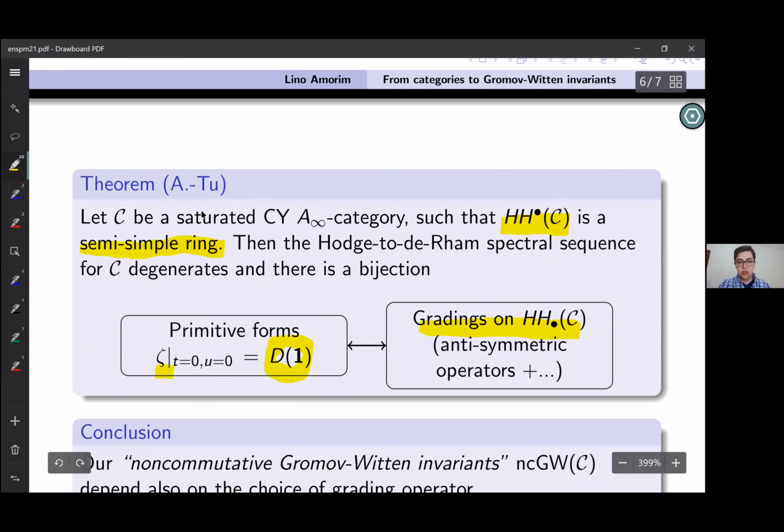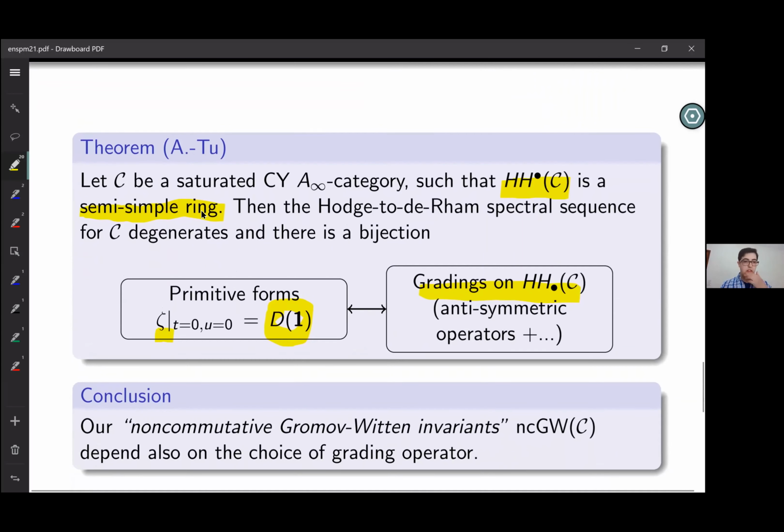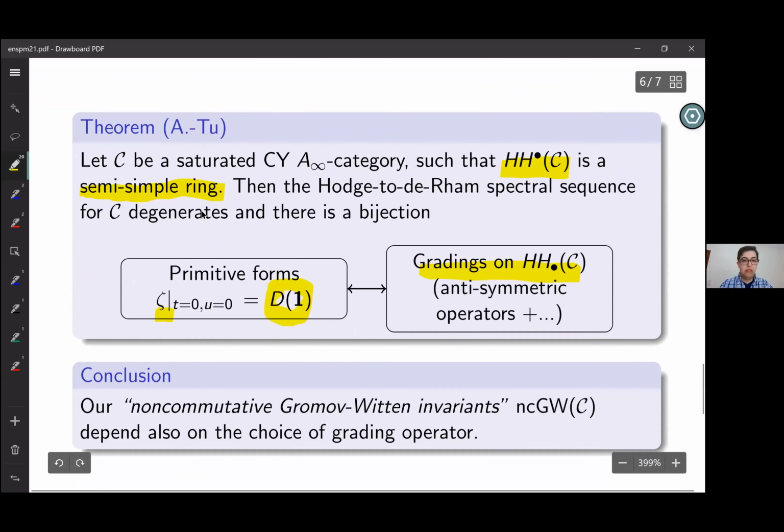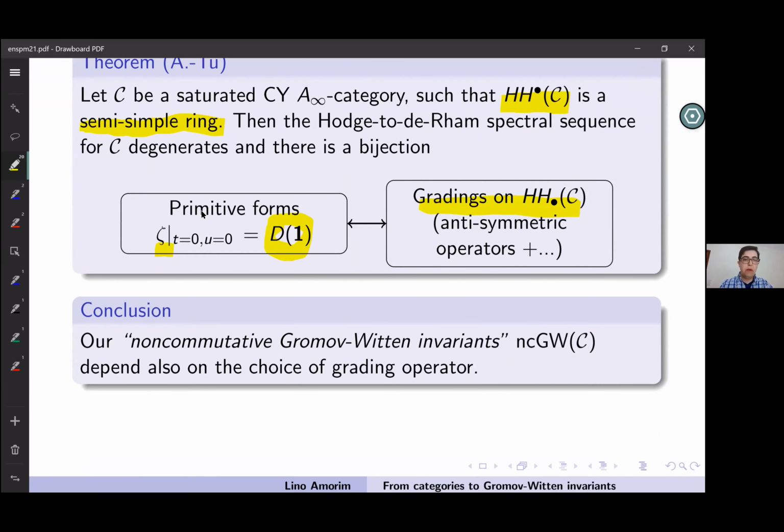So the conclusion here is that this machine is not as good as we hoped for in the beginning. It does not depend only on the category. It depends on the choice of this primitive form, which in this case is equivalent to the choice of this grading operator. So these numbers, the non-commutative Gromov-Witten invariants that we end up with, depend on this choice.